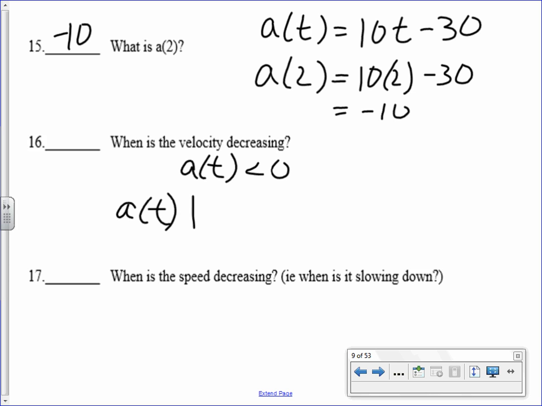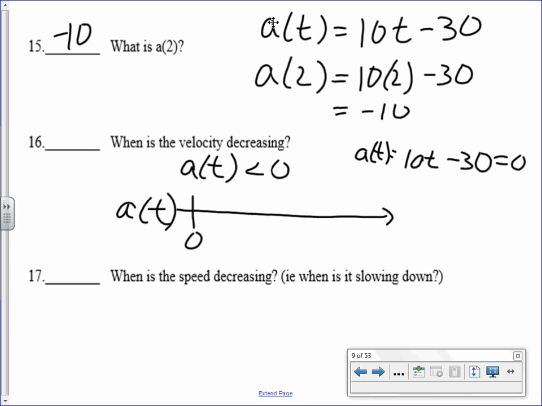To make a sign chart for acceleration, first find out if there are any times when acceleration could change sign. Is it ever equal to 0? Or is it ever undefined? Well, acceleration would equal 0 when t equals 3. So the only time it could change sign is at 3.